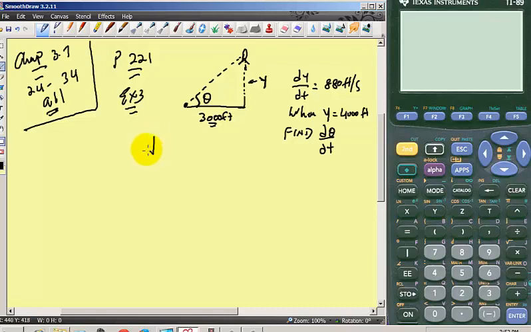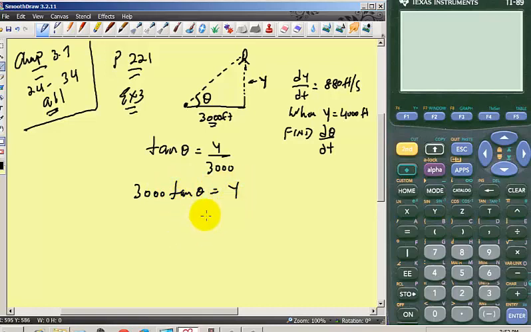So that means we're going to use tangent of theta is equal to opposite over adjacent. That's my model that I'm going to use, and of course I'm going to multiply both sides by 3,000, so it will look like this. You don't have to, but I like to do it that way.